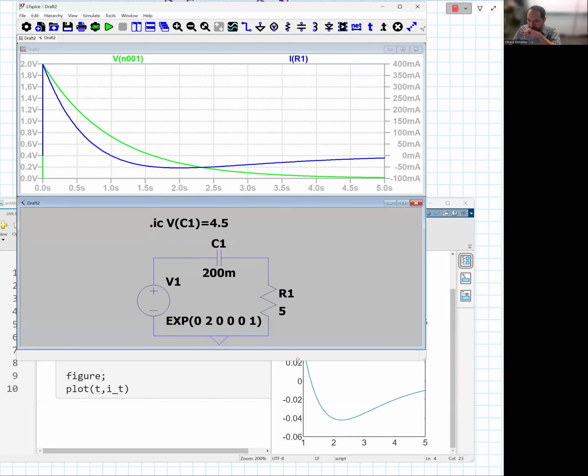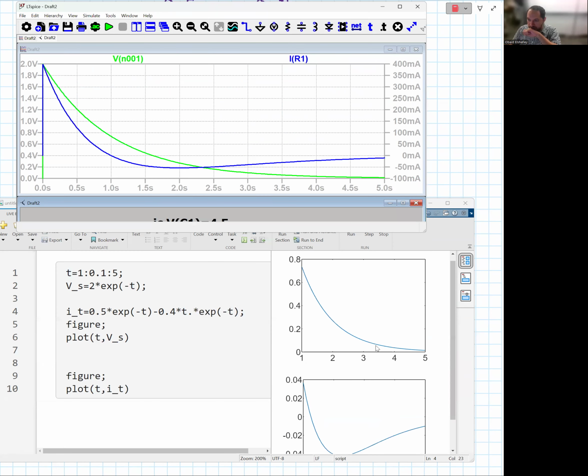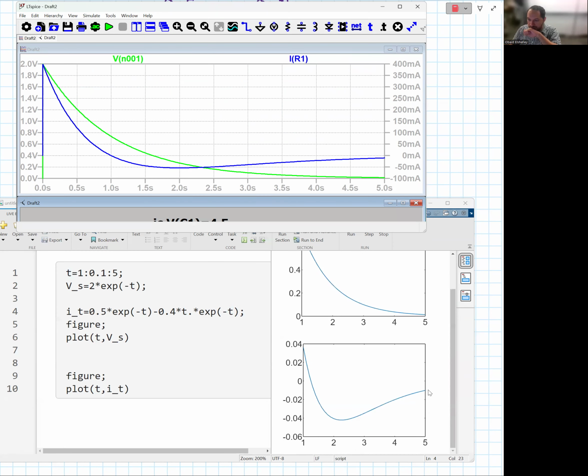As you can see, our voltage source and our current at the load are correct, or we can check them for the values, but they look similar. So at first glance, our results seem to be correct.